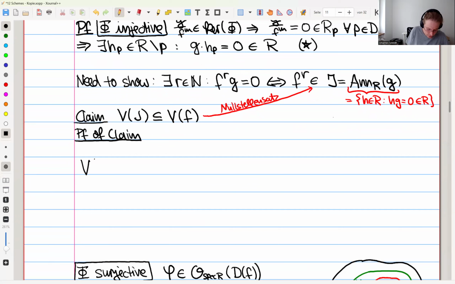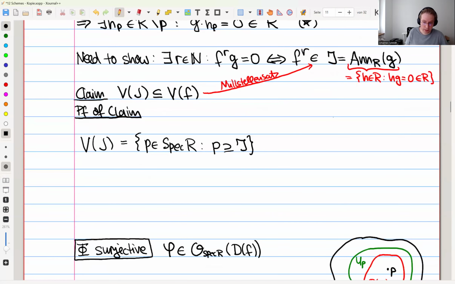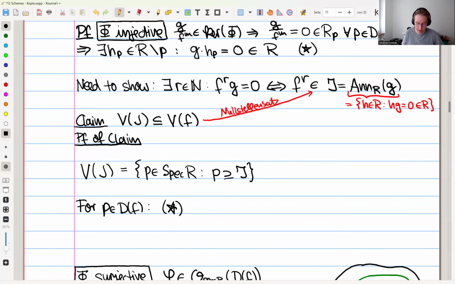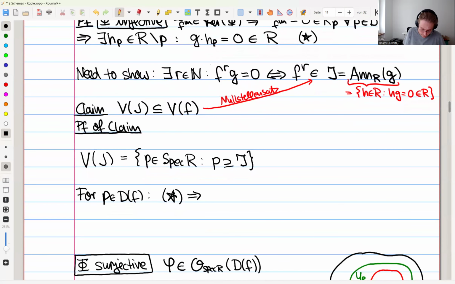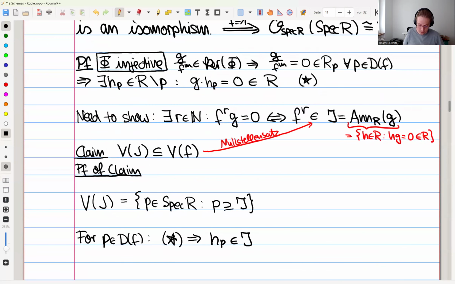So the vanishing locus of J, this is just spelling out what we already know about the definition, is the elements of spec R such that P contains J. And then for any P in DF, this star here, I claim, the star implies that HP is in J, right? This is the observation I did before.